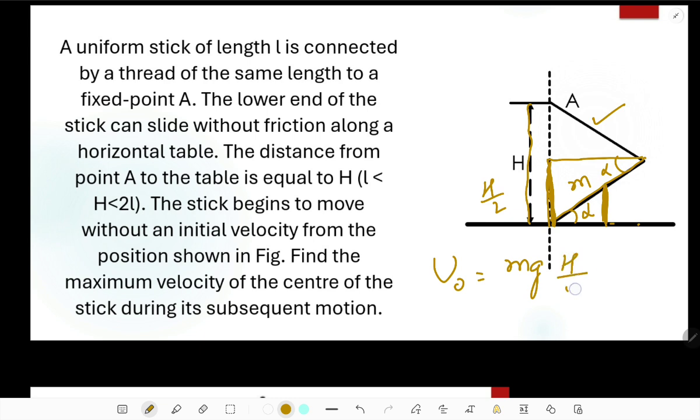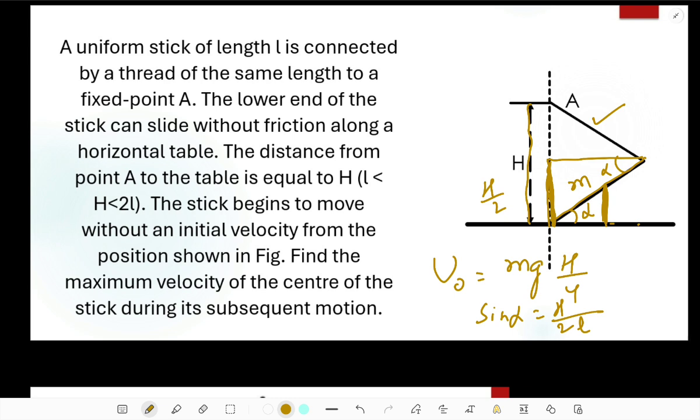So the initial potential energy is mg into h by 4. And what about this angle alpha? This sine alpha can be written simply as h by 2L, because perpendicular by hypotenuse is sine alpha. So we can write this.